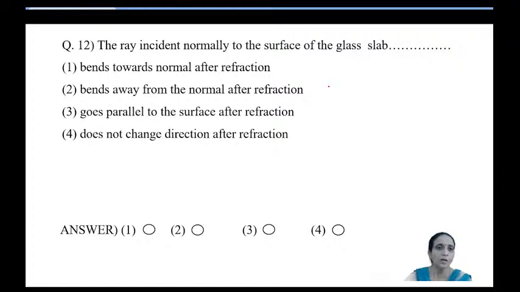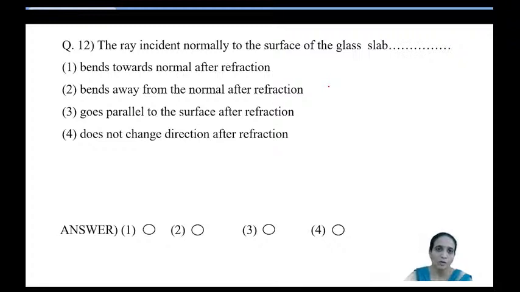Question number 12, the ray incident normally to the surface of the glass slab. You have to select, out of these 4 options, the correct one. Bends towards the normal after refraction is the first option. Second option, bends away from the normal after refraction. Third option, goes parallel to the surface after refraction. Fourth one, does not change the direction after refraction.